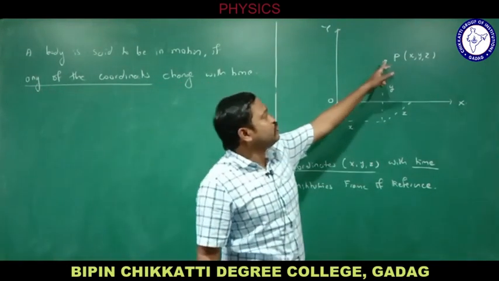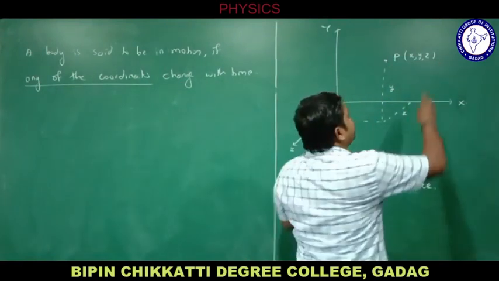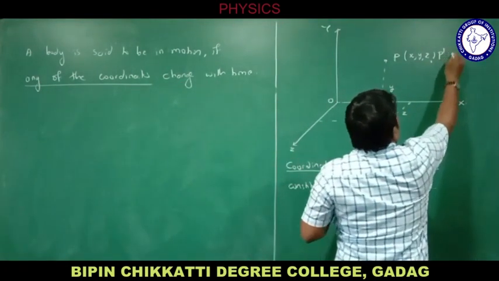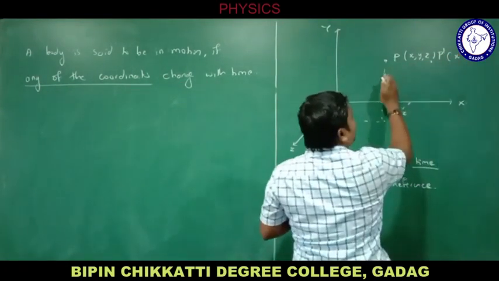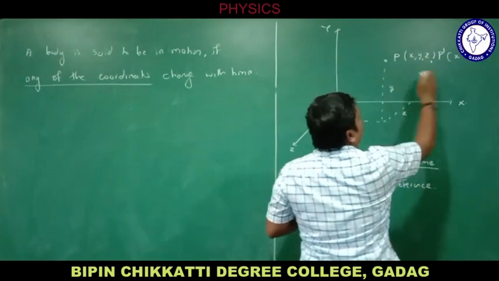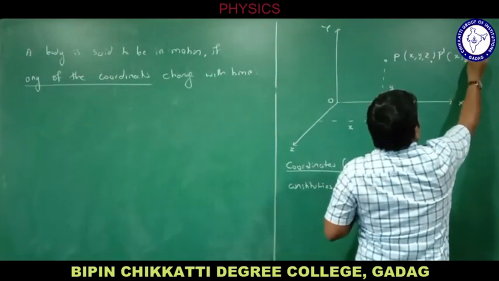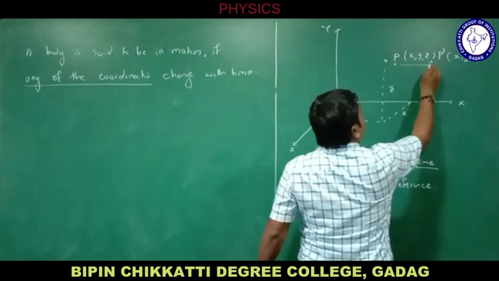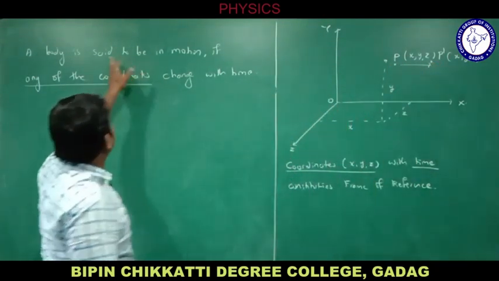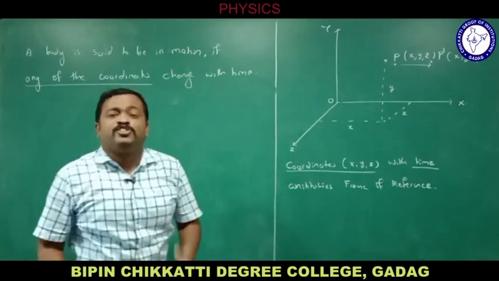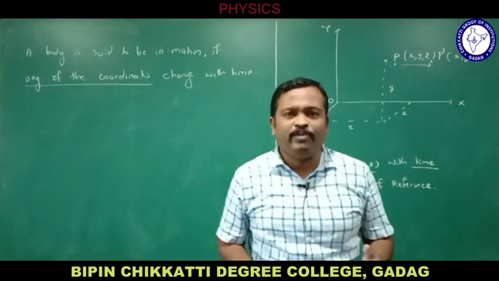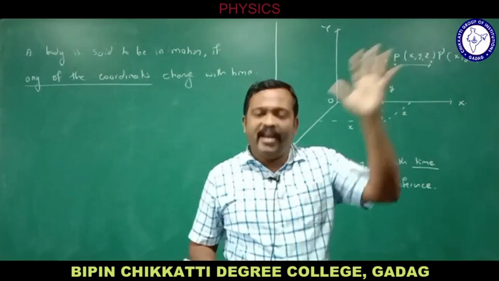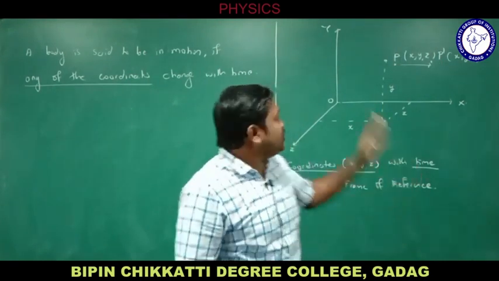If the body moves from point P to a point P dash, and the change takes place along the x-axis, it will be x dash, y, z. So if a body moves from point P to point P dash, we say the body is in motion. How to identify this? Any of the coordinates will change with time.